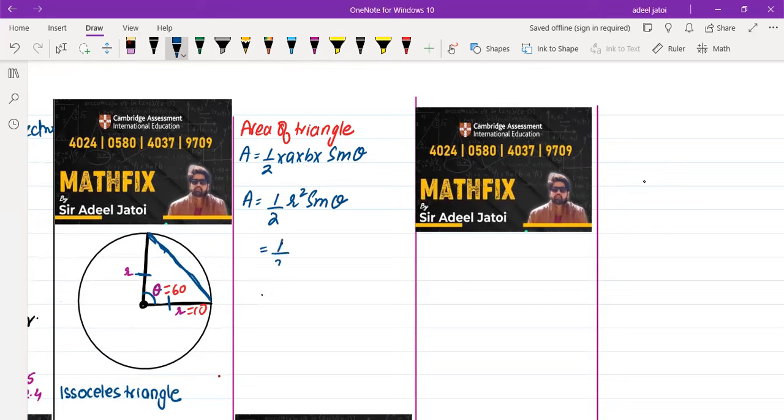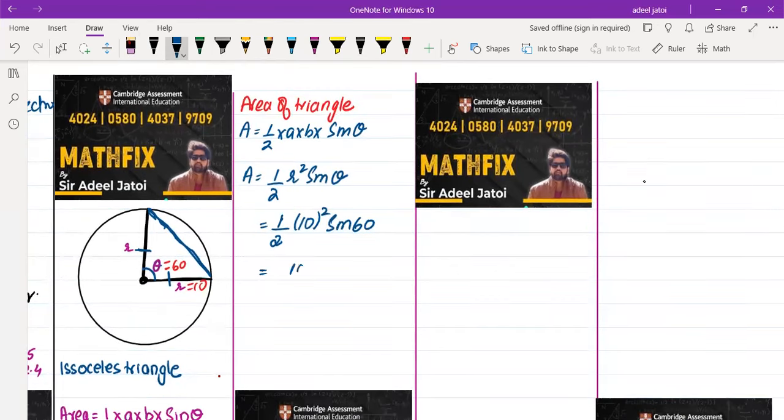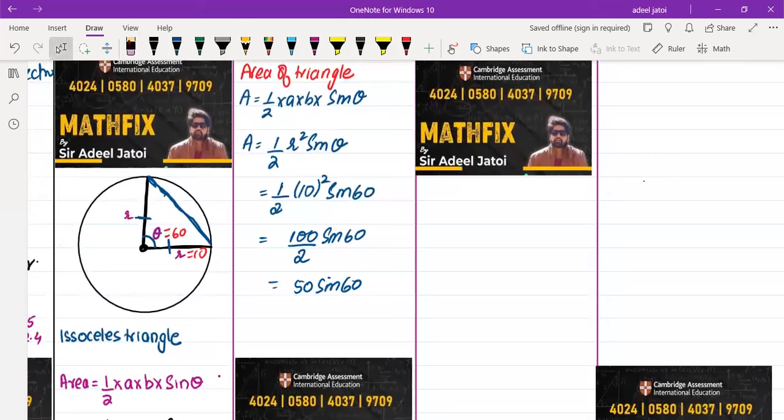So this should be half 10 square into sine 60, which is 100 upon 2 sine 60, which will be 50 sine 60. The value of sine 60 in the calculator multiplied by 50 will be 43.3. Now this 43.3 is the area of the triangle, the entire area of the triangle.